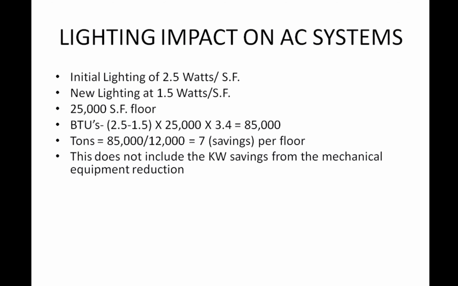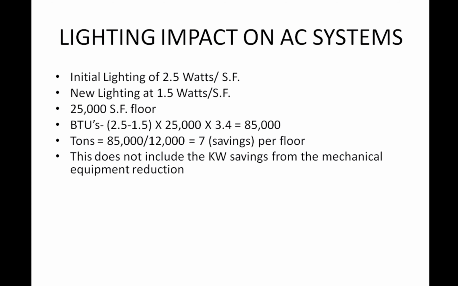Here's a sample calculation similar to what you'll see on the homework. So study this and just make sure you understand where the numbers are coming from. It's basically the difference in watts times the square foot times the factor that 3.41 watts equals a BTU.